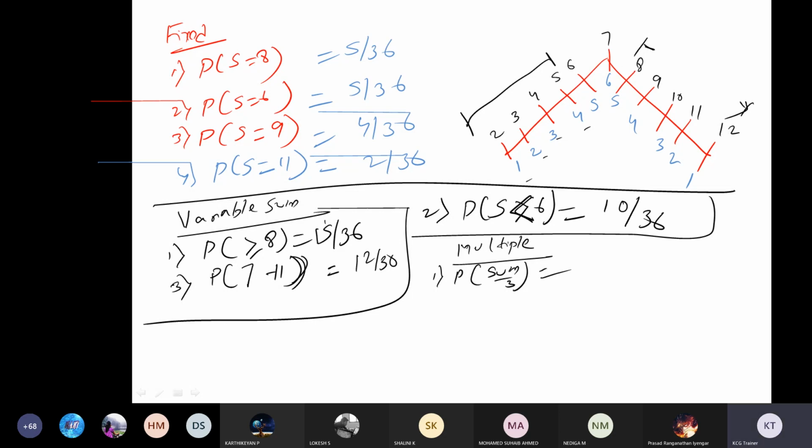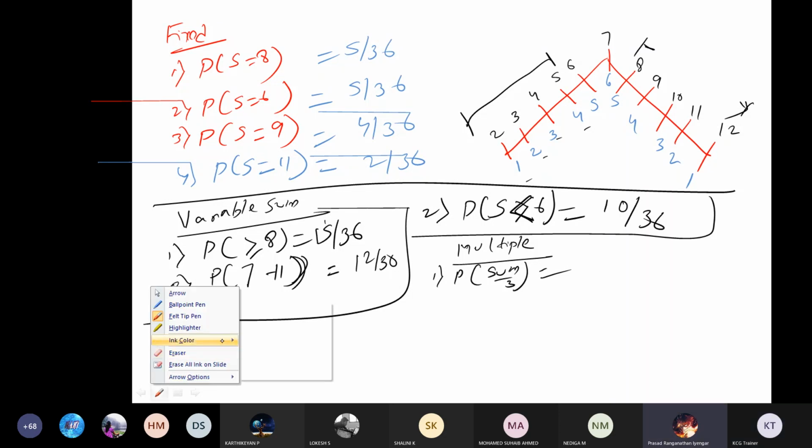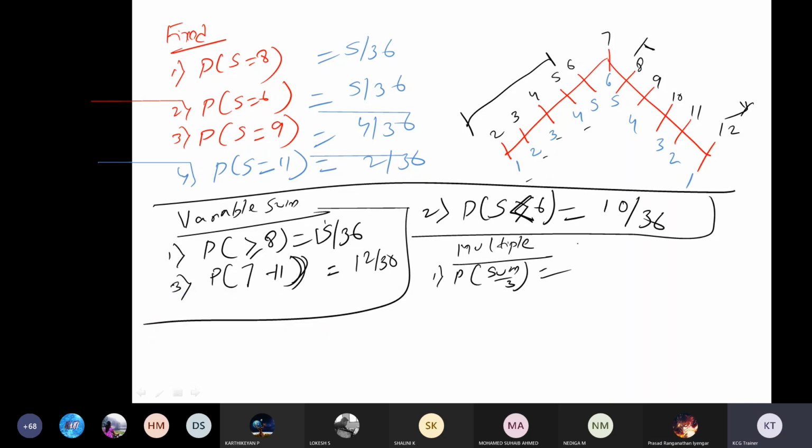The first multiple is 3 itself, right? What number can you see in the diagram below 3? 2, sir. So write 2 here. What is the next multiple of 3?